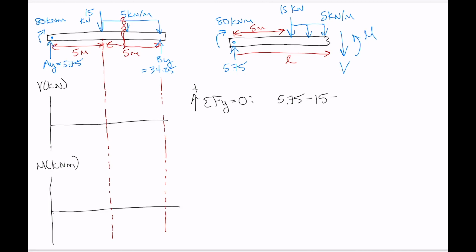So the distributed load resultant is going to be the area within that portion of the distributed load, which is 5 multiplied by a length of L minus 5. So we've got 5 times (L minus 5) there. And then we've also got our internal shear force V, and that's in the negative direction, equals 0.